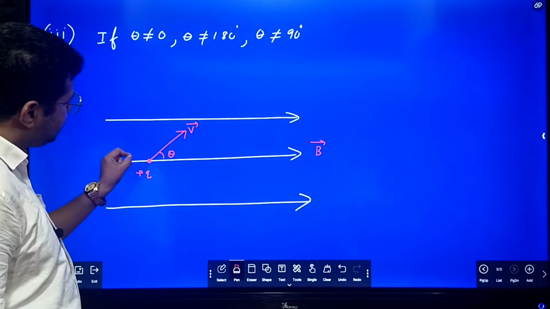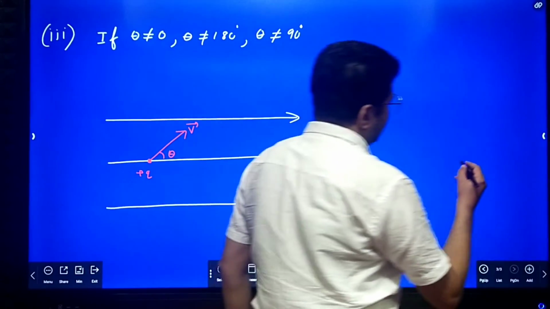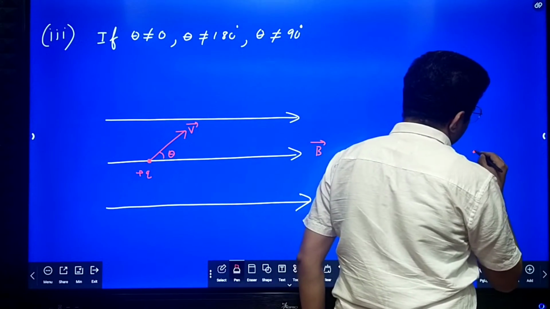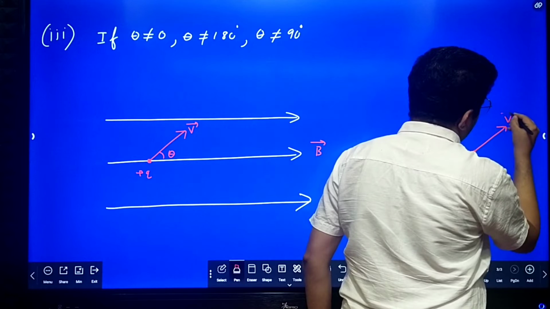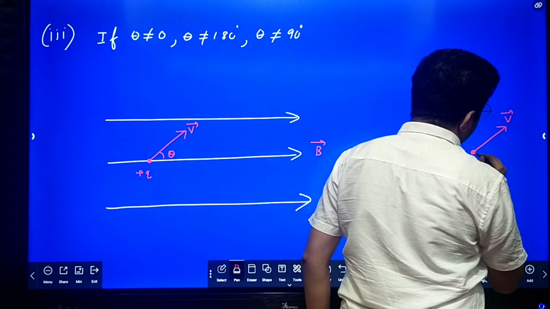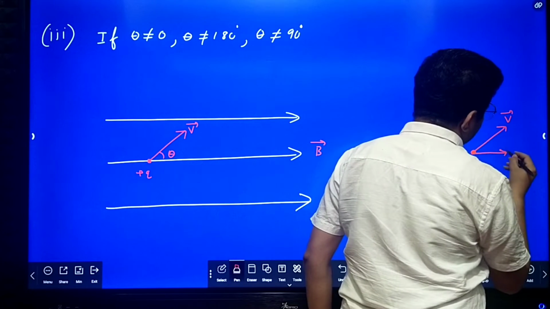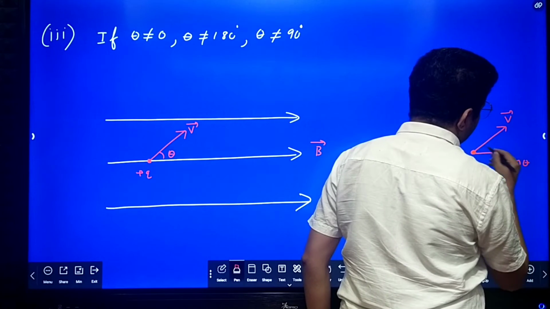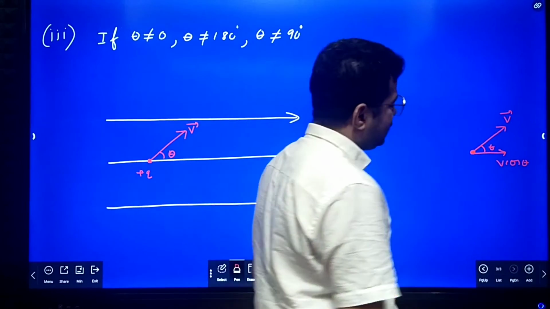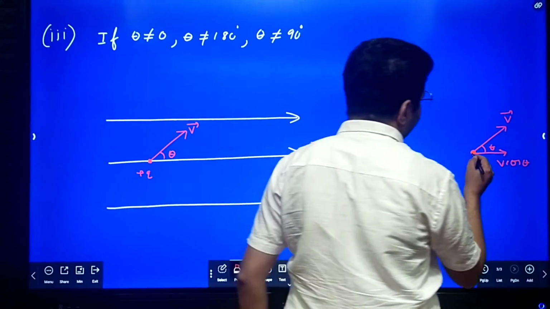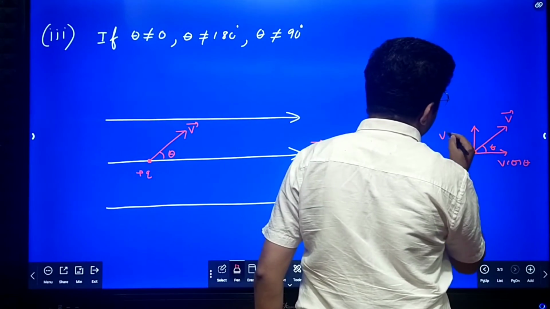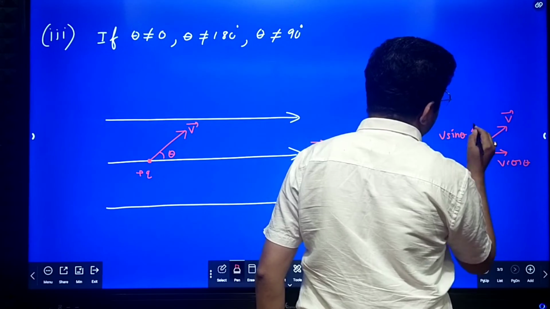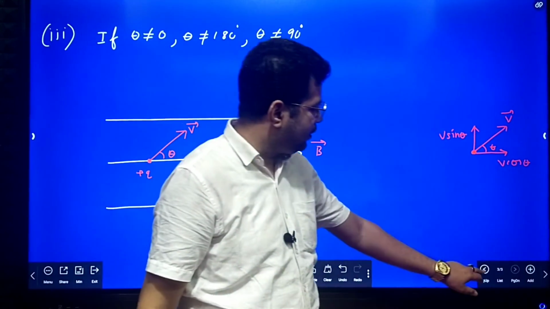See, this velocity has two components. One component is in the direction of magnetic field, that is v cos theta. Okay, v cos theta is in the direction of magnetic field. V sin theta is perpendicular to the direction of magnetic field.